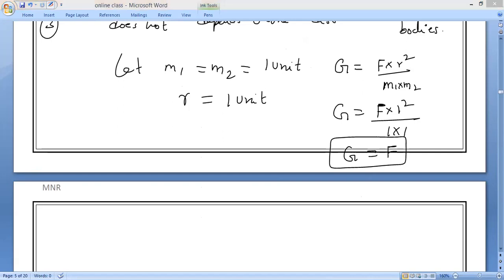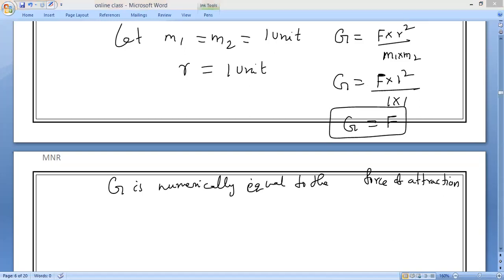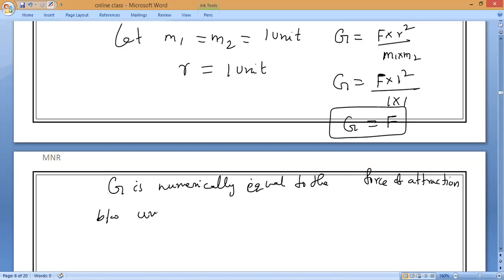Put one statement. The universal gravitational constant G is numerically equal to the force of attraction between unit masses placed at unit distance apart.